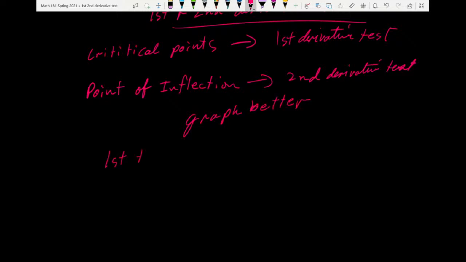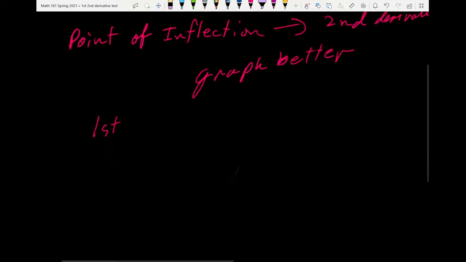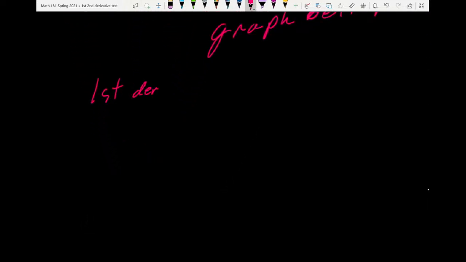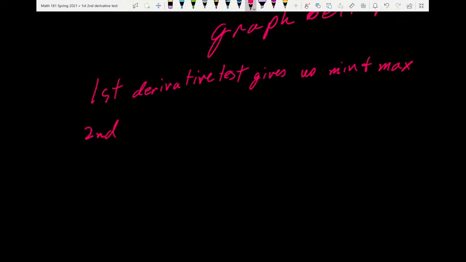First derivative test gives us min and max. Second derivative test gives us concavity.